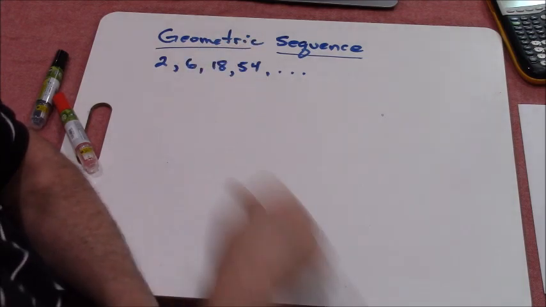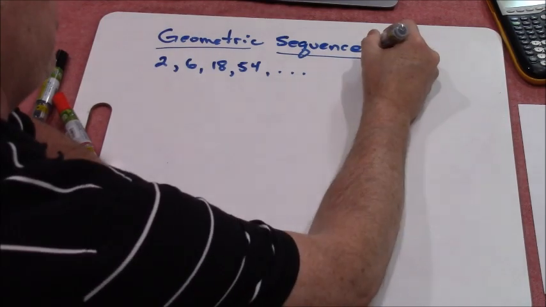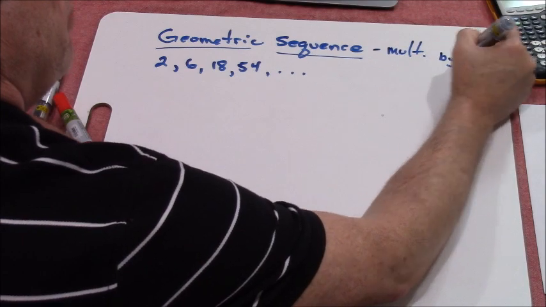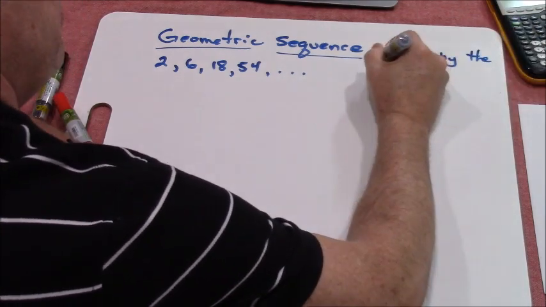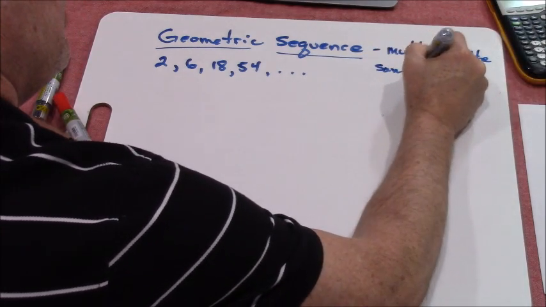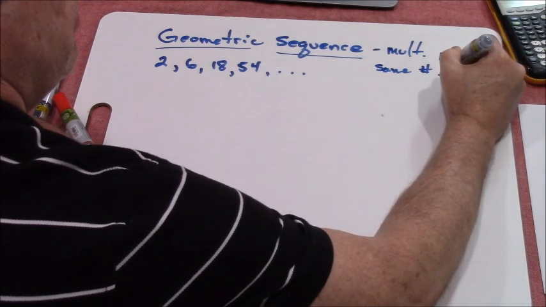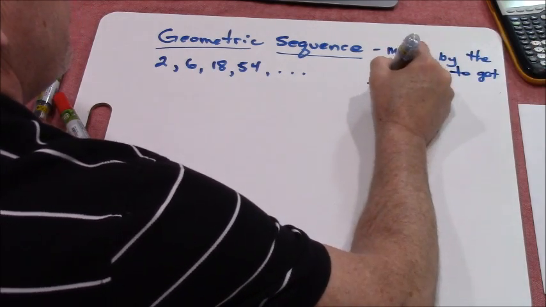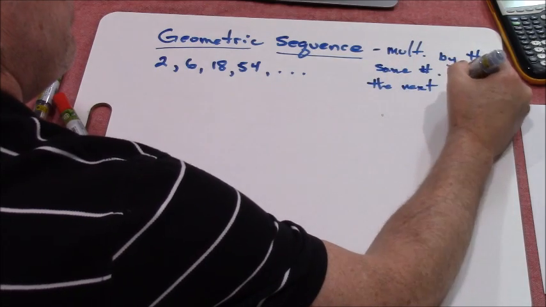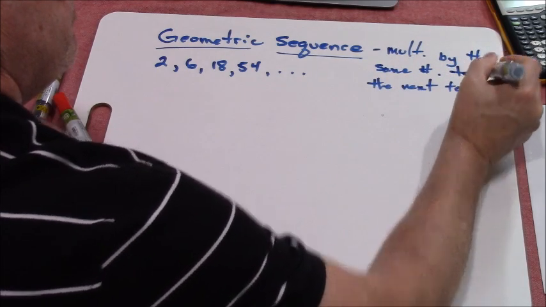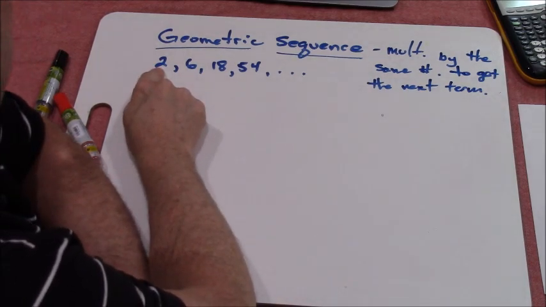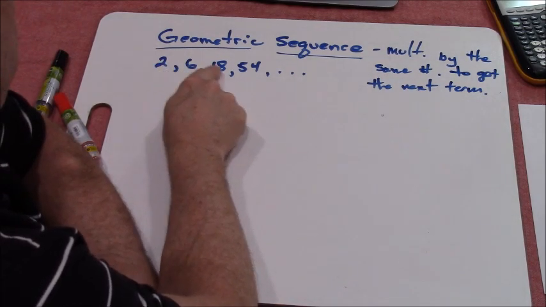And so in a geometric sequence, we want to multiply by the same number to get the next term. That's what we're doing here: we're multiplying by 3 to get to the next term.